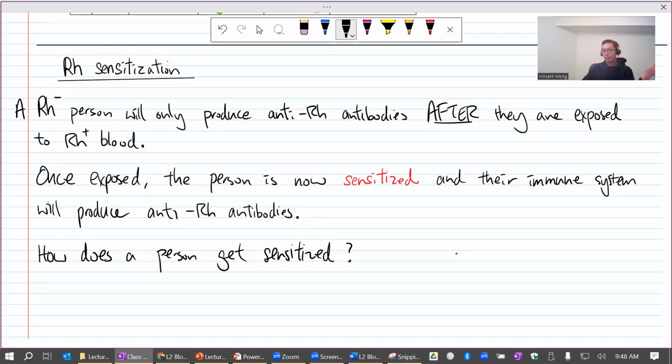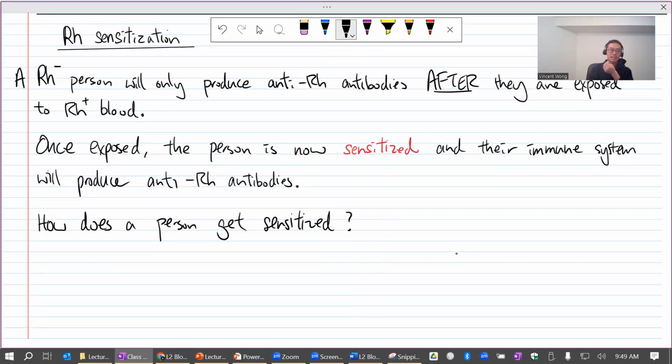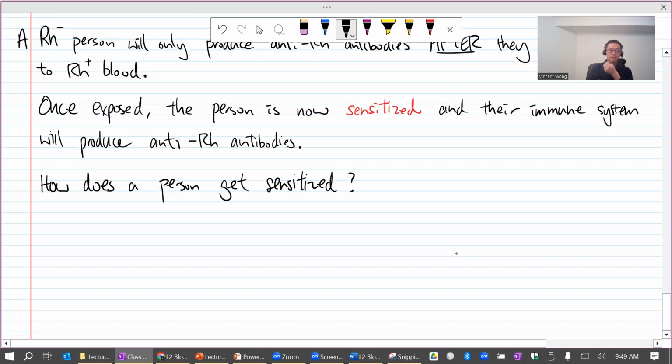If you're positive, then there's nothing to sensitize to. You already have RH positive. You don't want antibodies in your system, right? Because otherwise you would attack yourself. So only negative people can get sensitized. So how does a person get sensitized? We're going to look at two ways. Number one is what Mohammed already mentioned, blood transfusion.